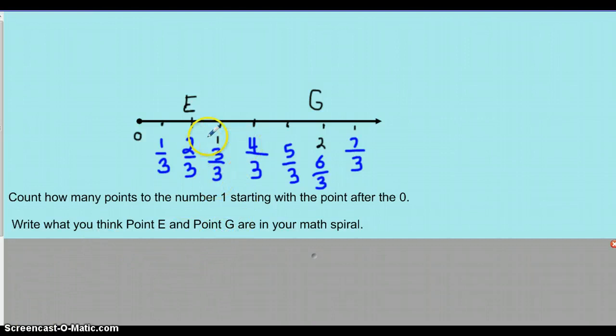Okay, we could also say that this is 1 and 1/3. And that's a mixed number because it has a fraction and a whole number. I'll make that a longer one. This would be 1 and 2/3.